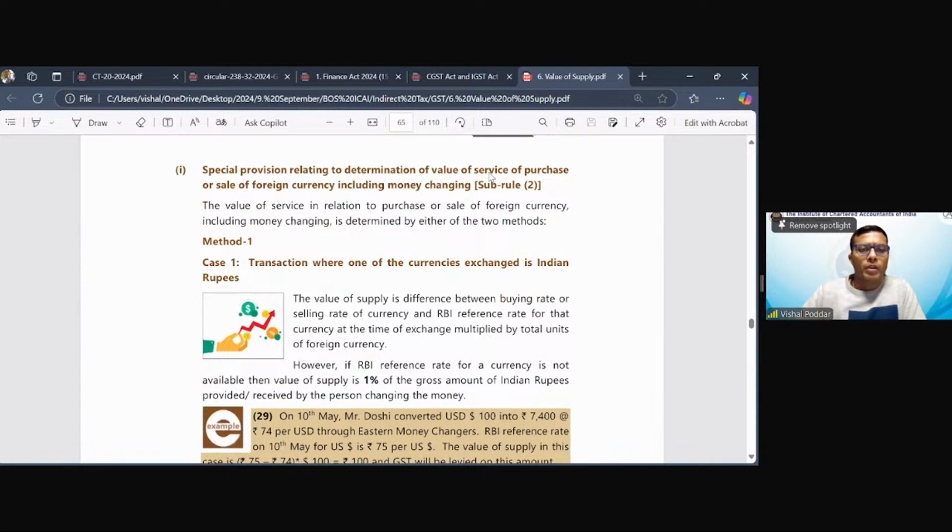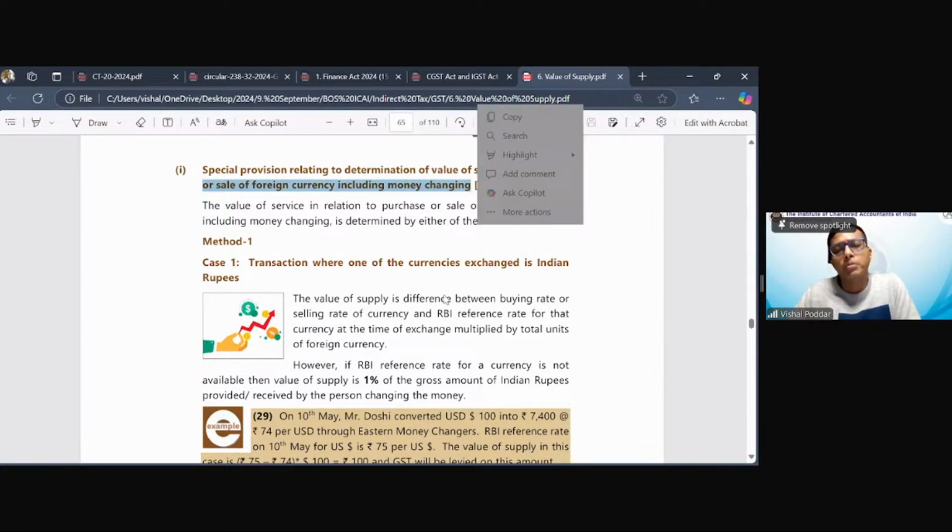First, special provisions relating to determination of value of service. What is the service? Purchase and sale of foreign currency, which is included in money changing business.